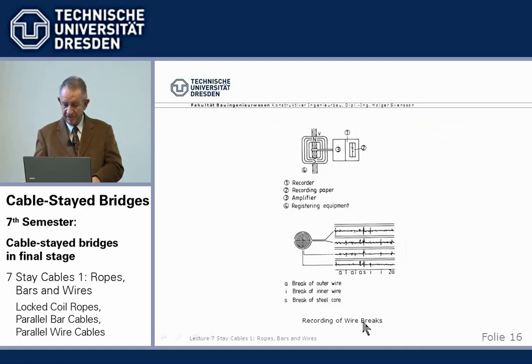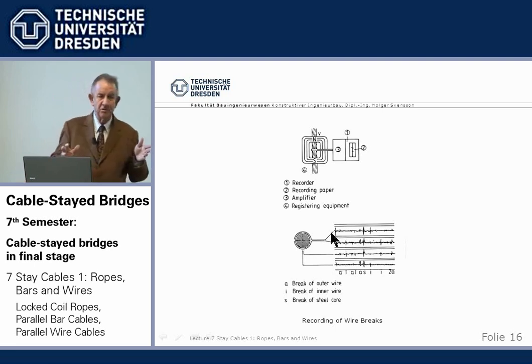For example, here, this is a printout from this magnetic induction, and from the shape of these, say, hitches here, we can say, okay, at this place an outer wire is broken, at this place an inner wire is broken, and so on.